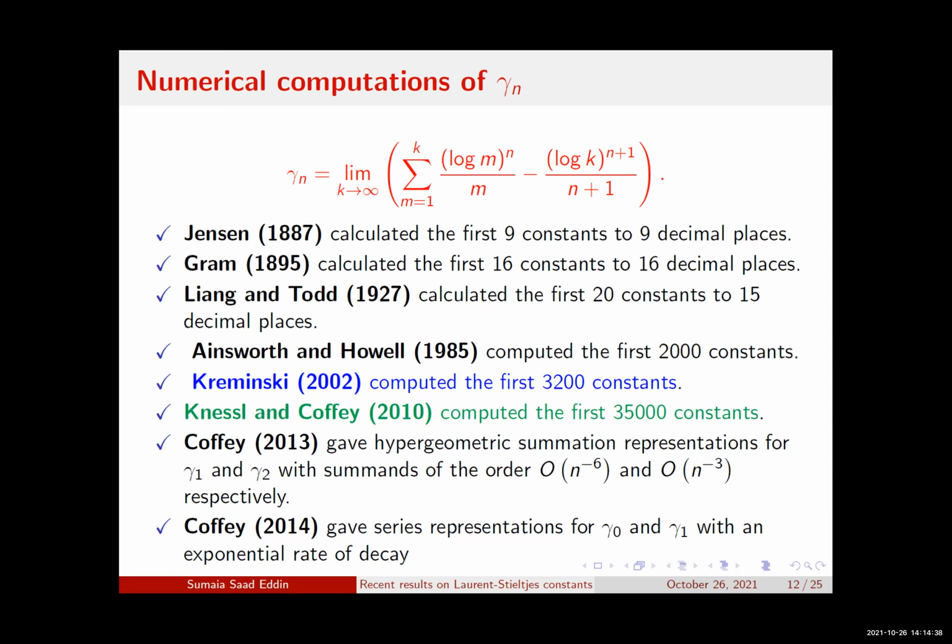So it doesn't help when n is large. For this reason, we can get some values of the first constants of gamma n, but not for n large.